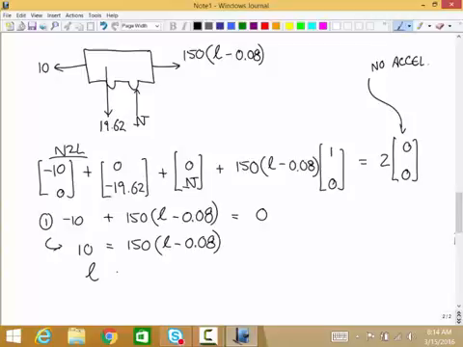So L is equal to 0.1467. Any questions about that?